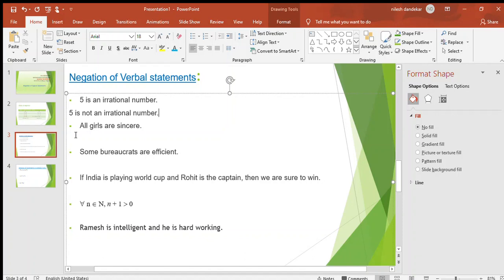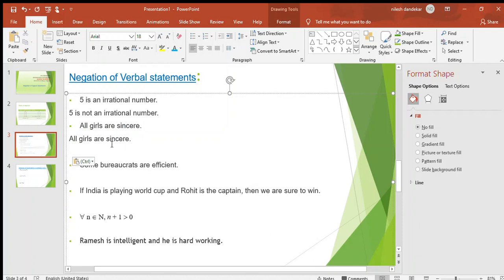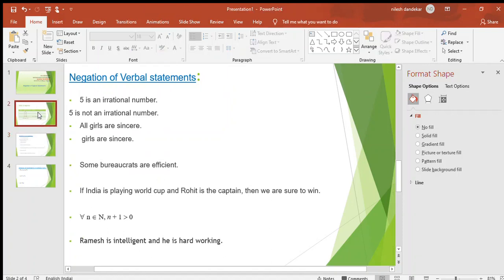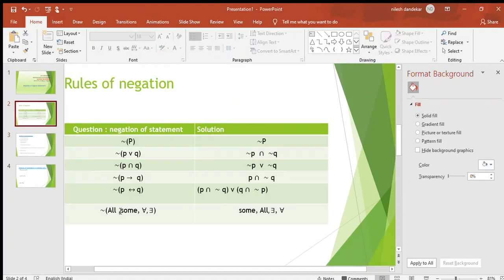All girls are sincere. Again it is a simple statement, so write it as it is. Instead of all, we have to write some.